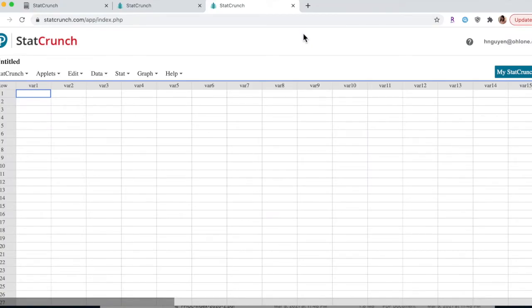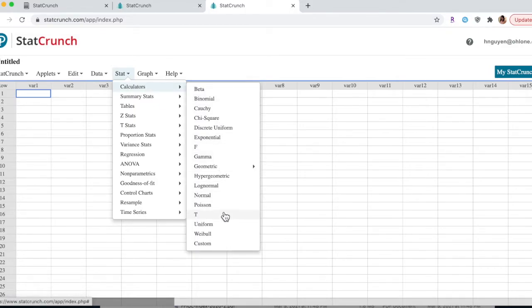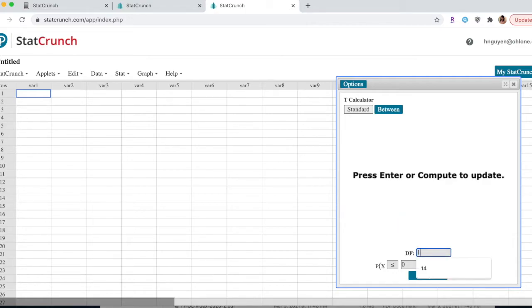To use the t calculator on StatCrunch, we click on Stat, Calculators, and T. In here, we need the degrees of freedom, which is 14. And we know the area to the right is 0.025. Because this is the area to the right, we change this to greater than.